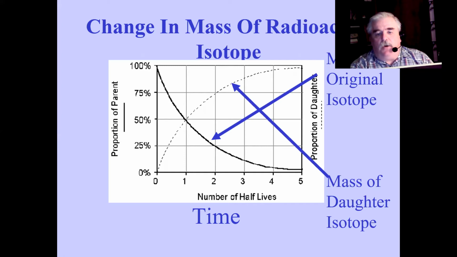And the mass of the daughter isotope is going to be the dashed line because that's what's increasing. So you're going to have the change in the radioactive isotope. Now notice where the two lines meet, it's one half-life. Why? Because this went down to 50% of the original mass, and this increased that same amount that we dropped down. And that's where you're going to have that 50-50. So therefore, that's your one half-life.